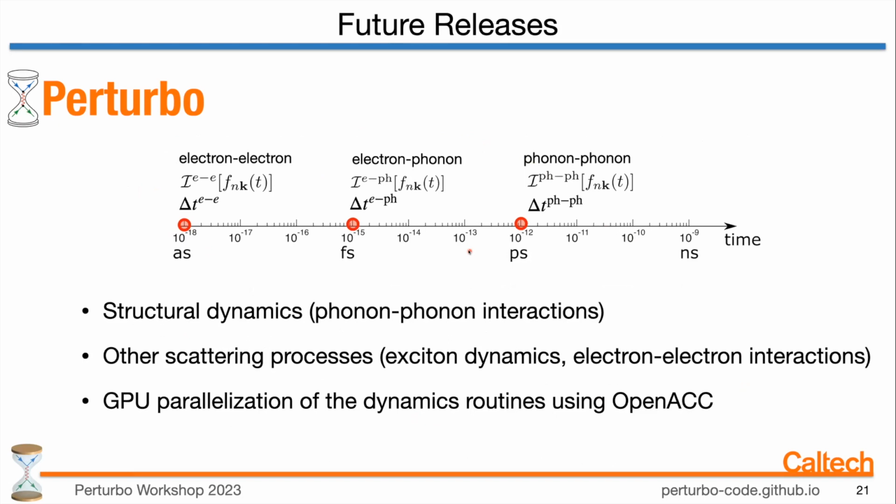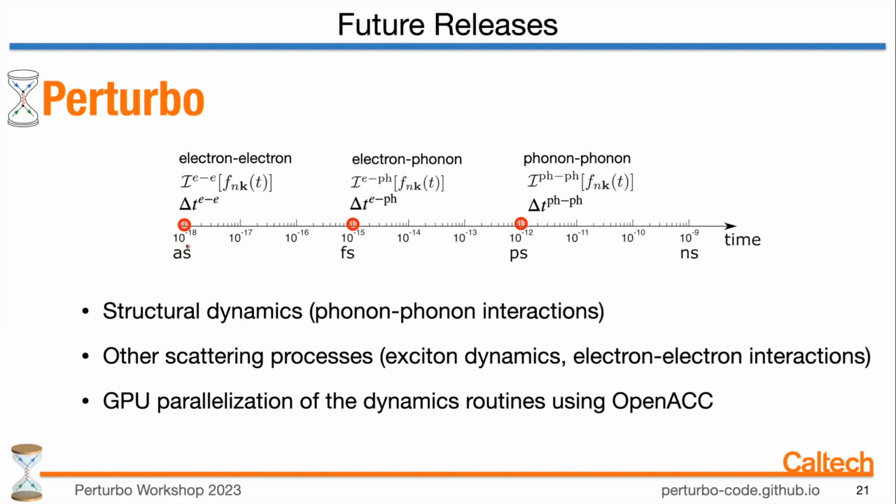Then, as I was mentioning, we are also working on including the phonon-phonon interactions. For these, the typical time scale of the evolution of the phonon occupation will be on the order of picoseconds. And then if you take the contribution that I was talking about in the beginning of the talk, the electron-electron contribution, you have to consider the attosecond time scale.